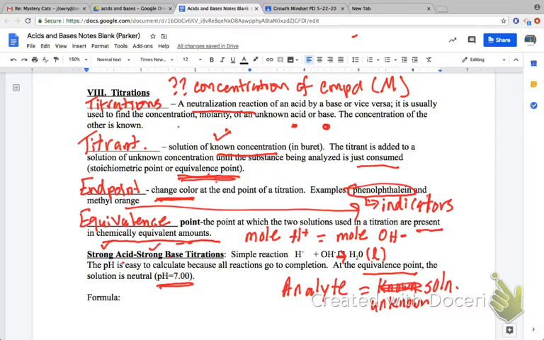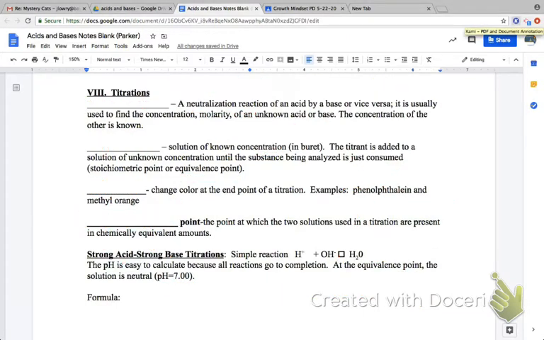All right, so let's look at the formula. It's really easy to use. It's going to look very similar to a formula that we have already used. The thing that's going to make these a little tricky is that you have to be able to write your formulas for your acids, which sometimes we forget how to do.